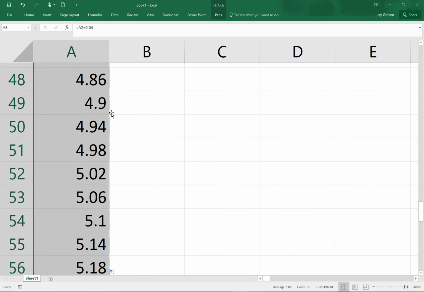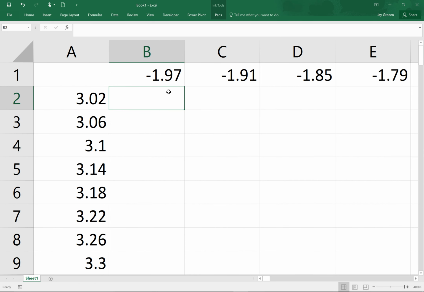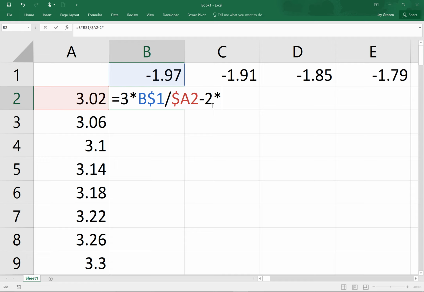All right, so Levi, to answer your question, you can do it the other way too. So what was it? Equals 3 times x divided by y minus 2 times x times sine of x times y, there you go.